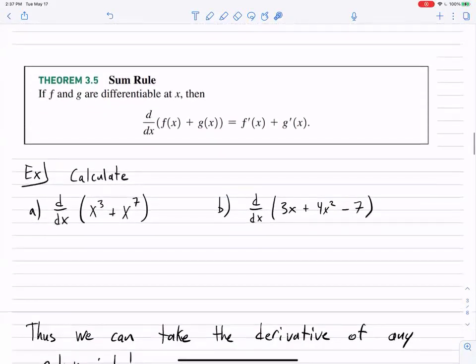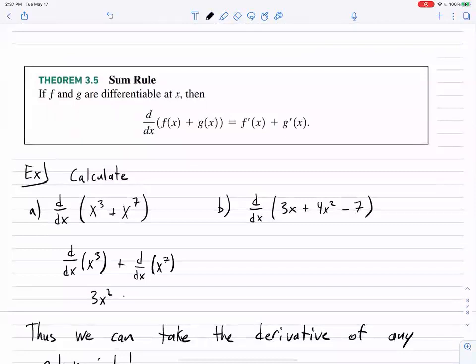And so we can do a couple more examples that aren't too bad. This just becomes the derivative, d dx, of x to the 3rd plus d dx of x to the 7th. And so this equals 3x squared plus 7x to the sixth.